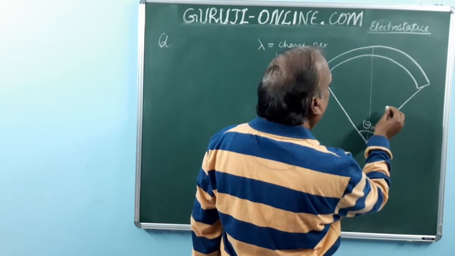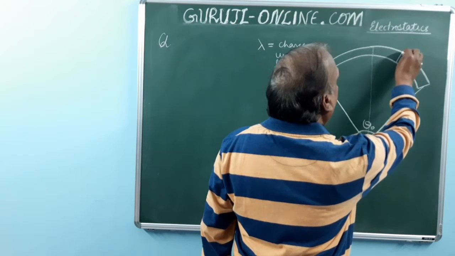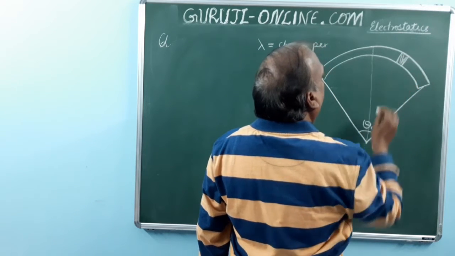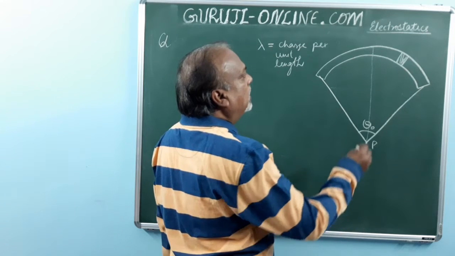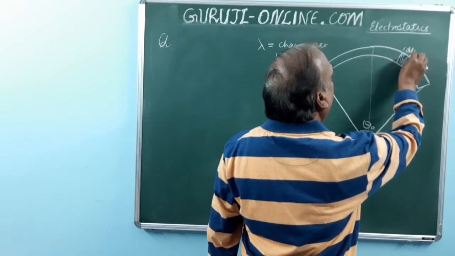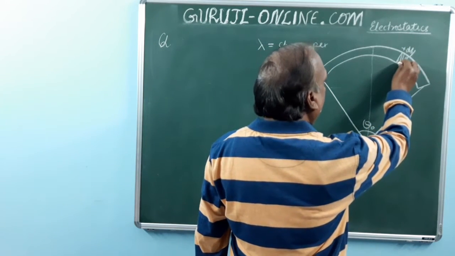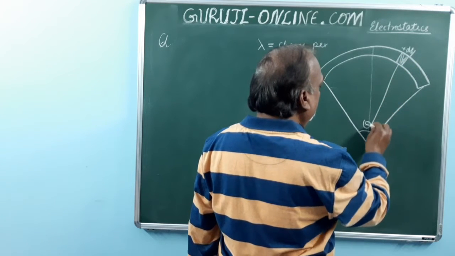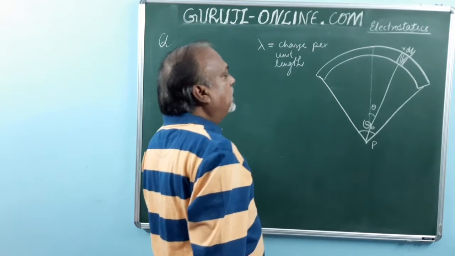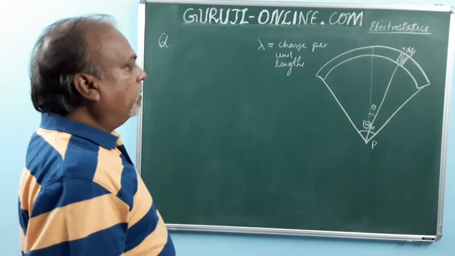From the midpoint, we take a small portion, it is ds, this length is ds, and now suppose it is subtending a theta angle from the midpoint.